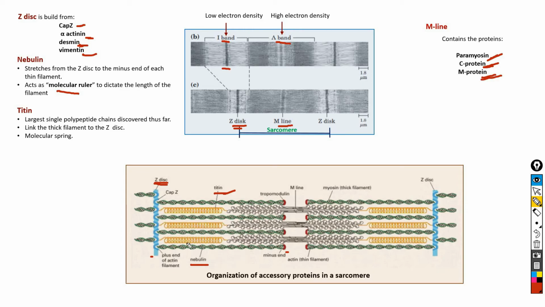And the precise length of the thin filament is determined by one of the template proteins, nebulin, whereas the thick filaments are positioned midway between the Z discs by another template protein, titin. This means nebulin is associated with the actin or thin filament, whereas titin is associated with the thick filament.